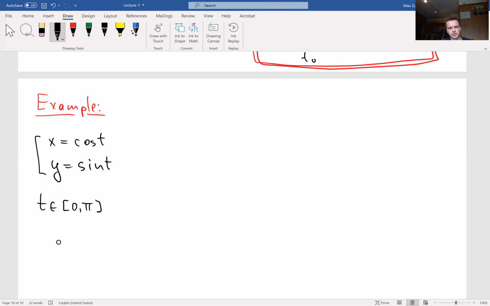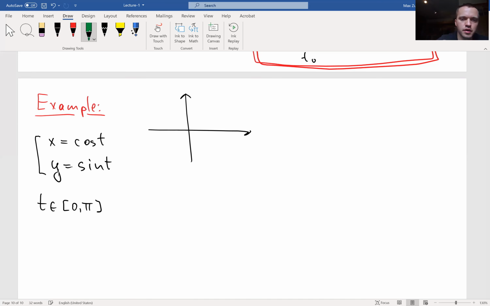And a lot of concepts you can understand if you see what is going on. So first, for example, I gave you some parametric equation. And the first question you need to ask yourself is, okay, what is the graph of this parametric equation? And we already did that. So I'm going to revisit the same problems.